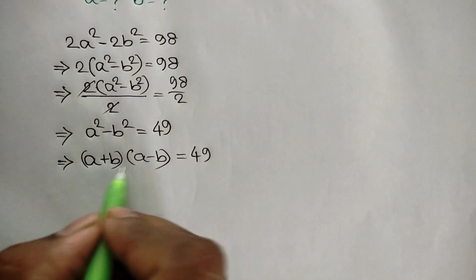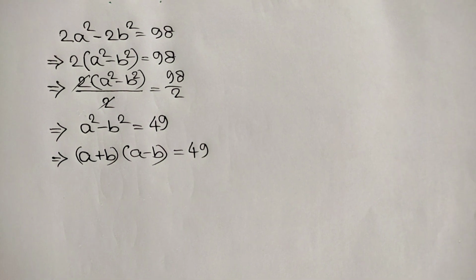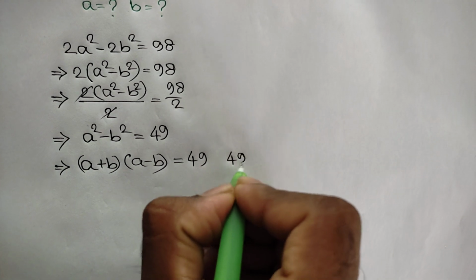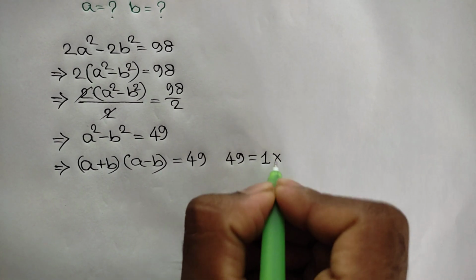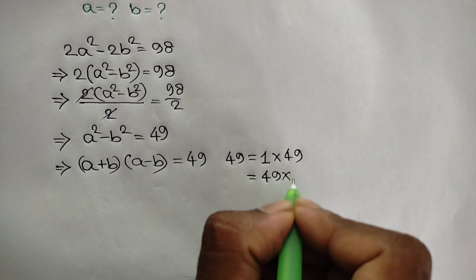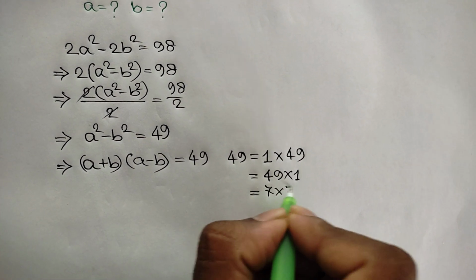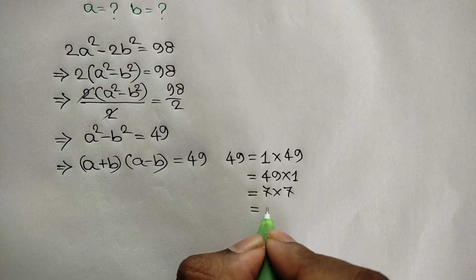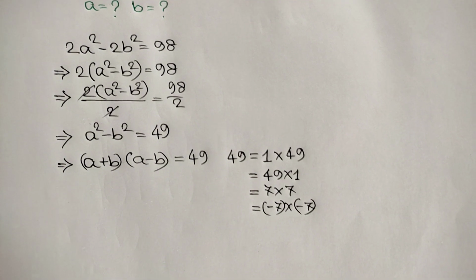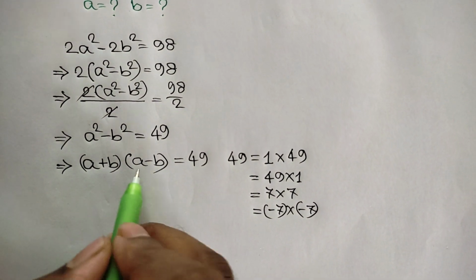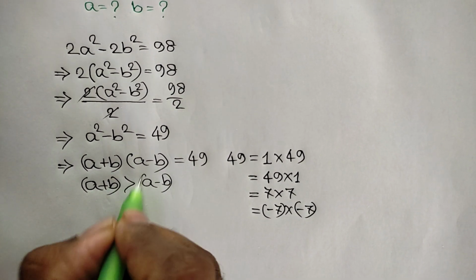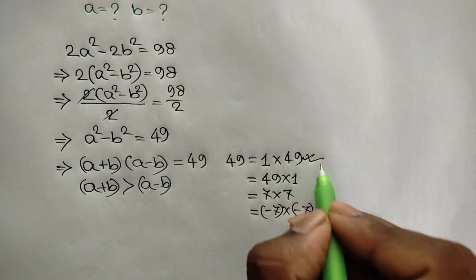Now see, here are two factors, so 49 we can write as 1 times 49, or 49 times 1, or 7 times 7, or minus 7 times minus 7. But attention here, a plus b is greater than a minus b, so it will be rejected.